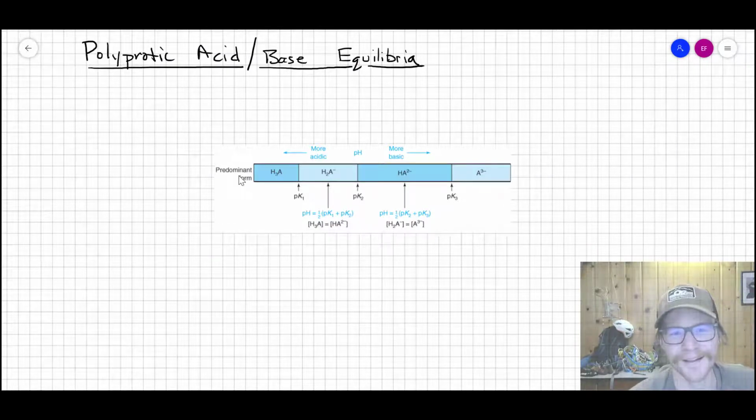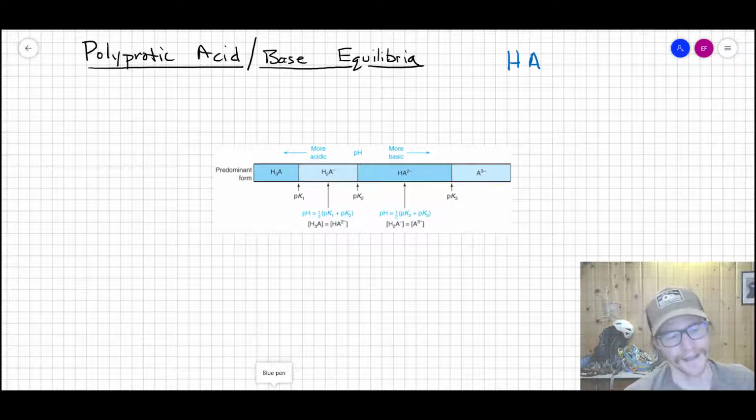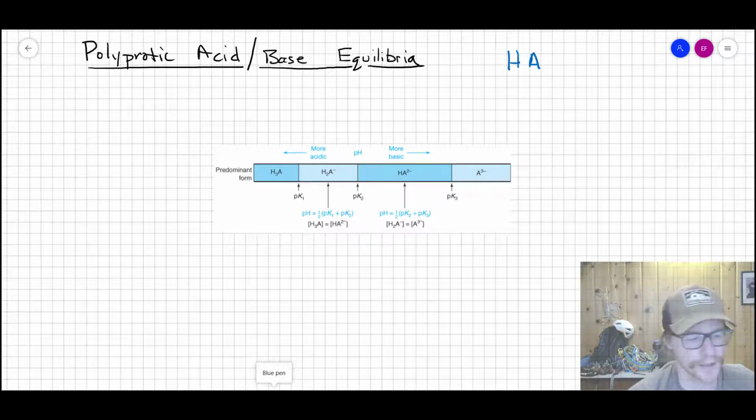So we spent quite a bit of time, about 9 videos, thinking about the equilibria associated with this thing. That's a monoprotic acid and its conjugate base. And we talked a little bit about if you have strong acids and they're in dilute solutions, that requires systematic treatment because the concentration of that proton is comparable to the concentration of protons simply from the dissociation of water.